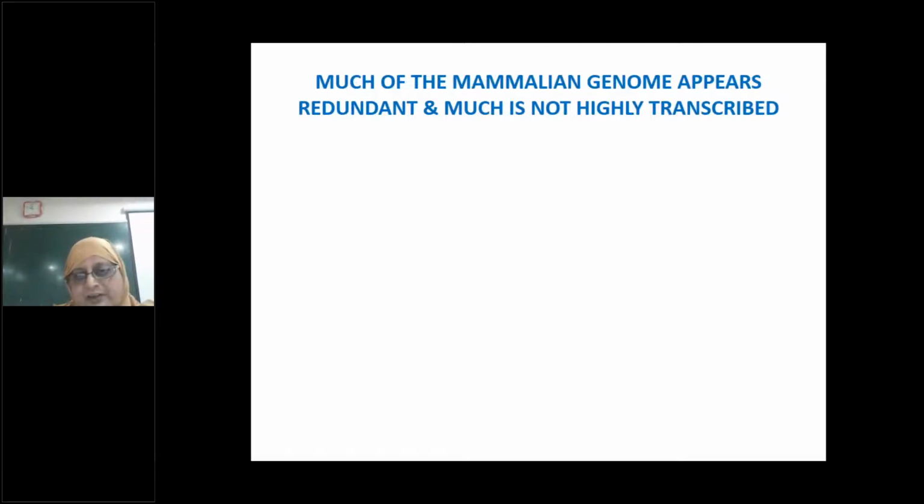Or if it's present in the mitochondria, the whole of the DNA in the mitochondria will become the mitochondrial genome. But altogether, the genome in the whole body forms the human genome. So when we say that most of the human genome is redundant, it means that it is inactive and not a lot of the area of that genome is transcribed.